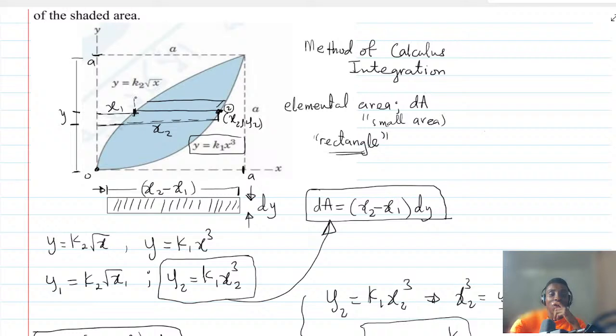But we know that this portion here, which is left here, is x1 minus x2. So it means that the centroid will be somewhere x1 minus x2, which is this portion here, and then we divide by 2.